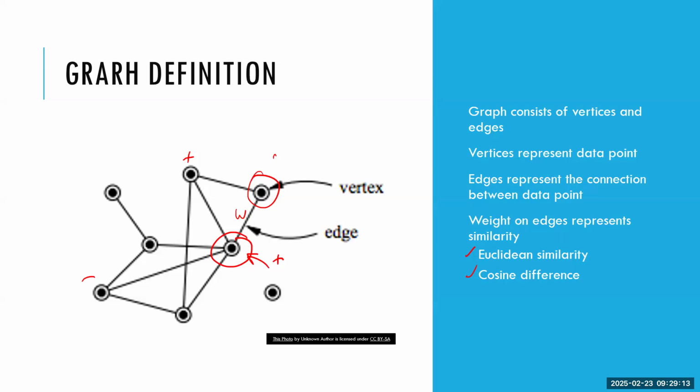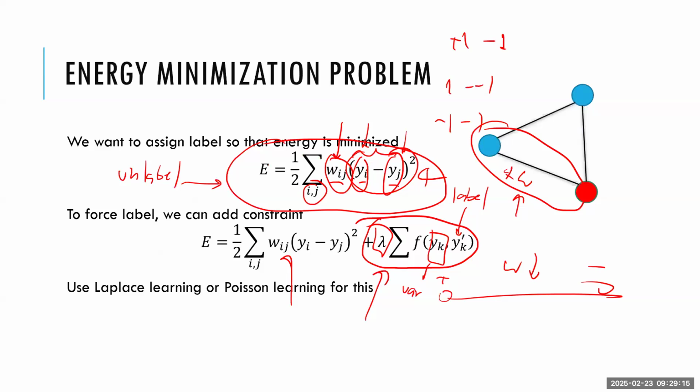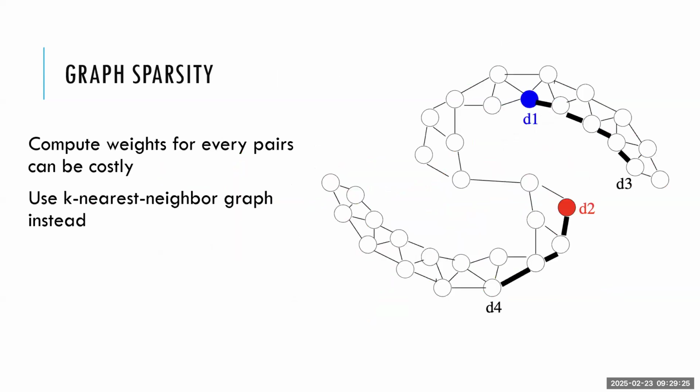And when you have a lot of edges, when you want to minimize each pair, it's going to be very difficult. So what we can do is make the graph a little more lightweight. And when we want to do it that way, we will use the k nearest neighbor graph.